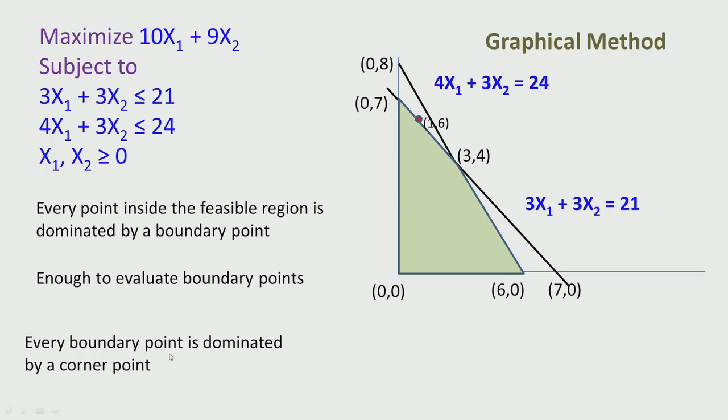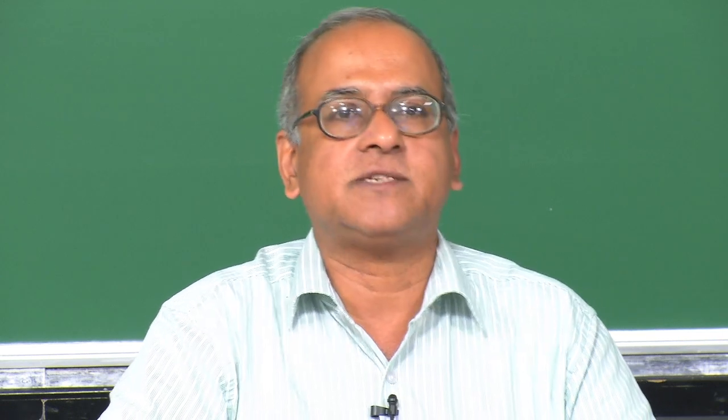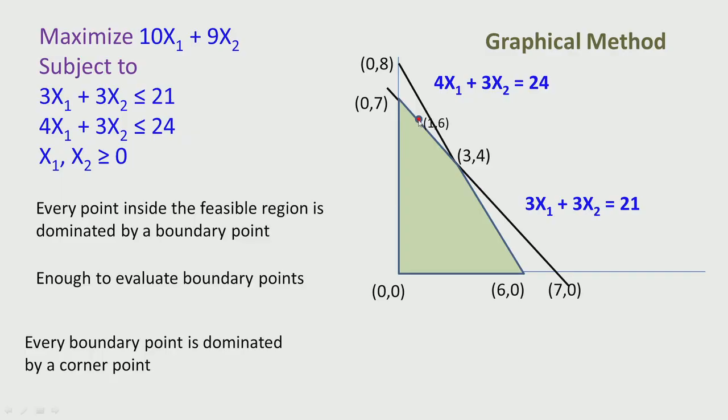So every boundary point is dominated by a corner point, because when we have 2 variables and 2 lines, we can always move the boundary point along the boundary till it touches a corner point, and one of the corner points will give a better value. If it is maximization, a higher value; if it is minimization, a lower value. It will give a better value of the objective function.